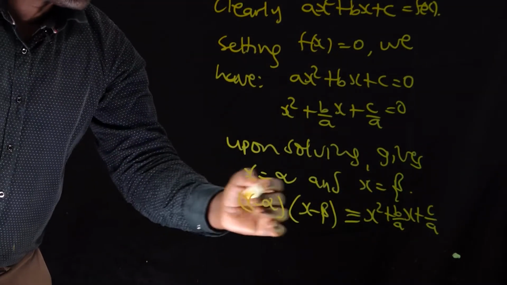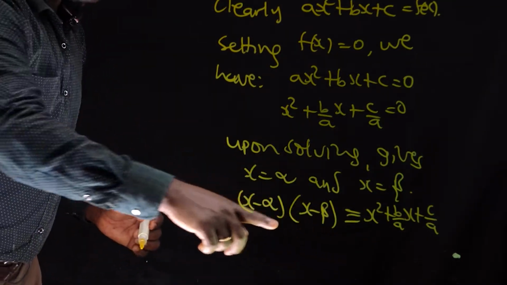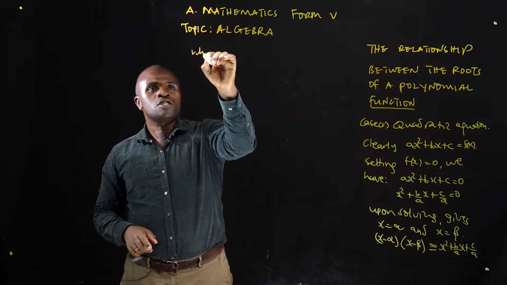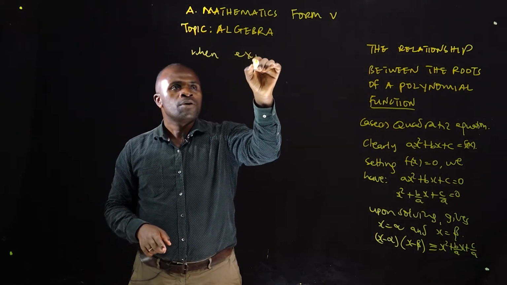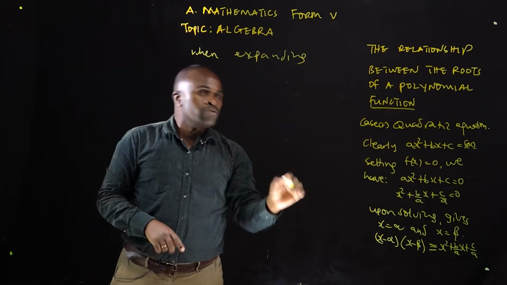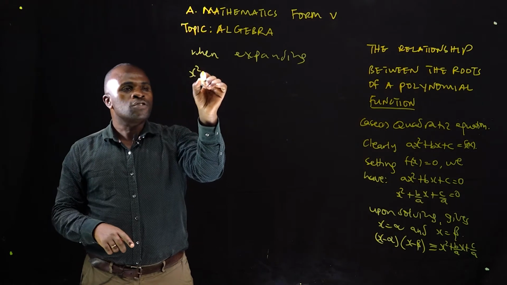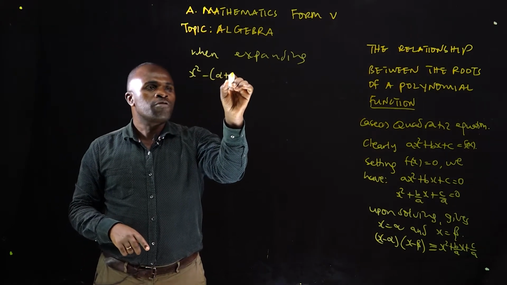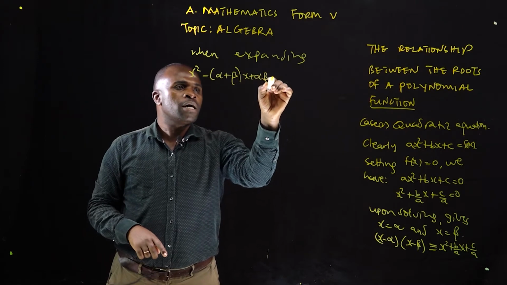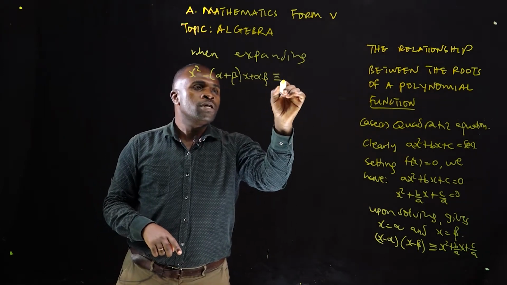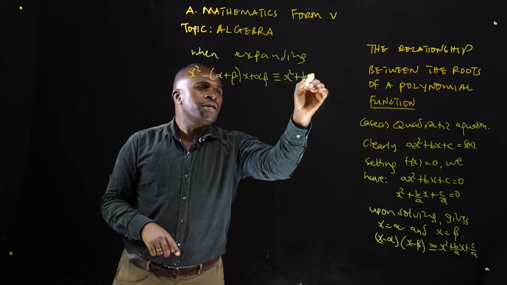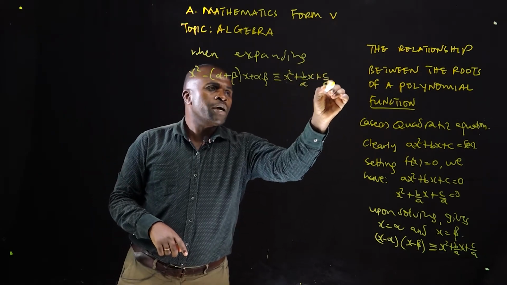So expanding this side, when expanding that, we will get x squared minus alpha plus beta, x, plus alpha times beta, equivalent to x squared plus b over a x plus c over a.